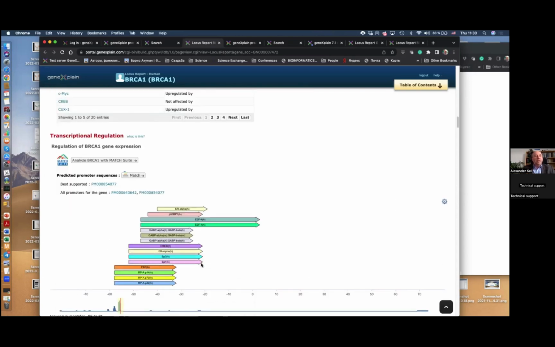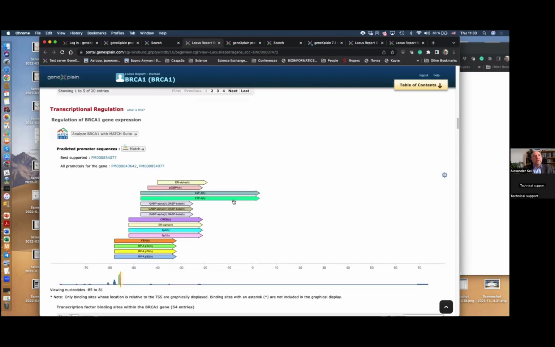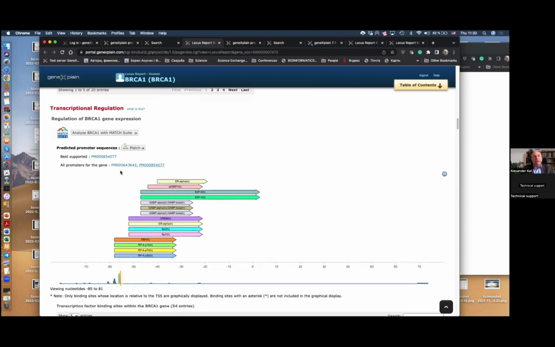And there is other information here in our database about this gene. For instance, here it gives information about experimentally known binding sites in the promoter of that gene. You can see that, for instance, in the region near the start of transcription, which is 0, there are a number of known binding sites for various transcription factors. Known means they are experimentally proven by various experiments. So this gene is indeed very well studied.